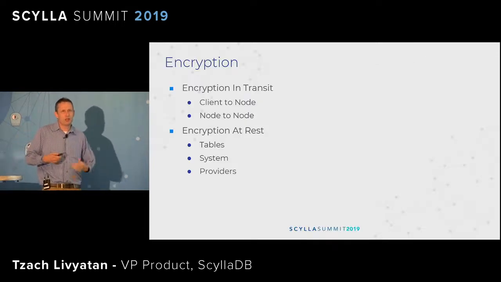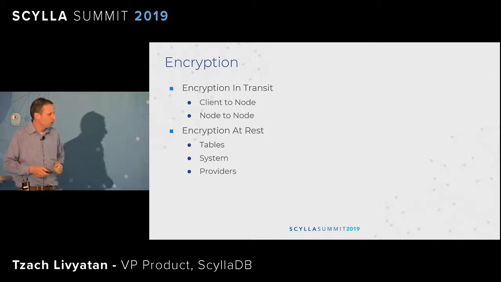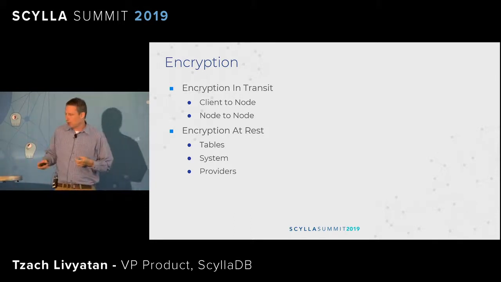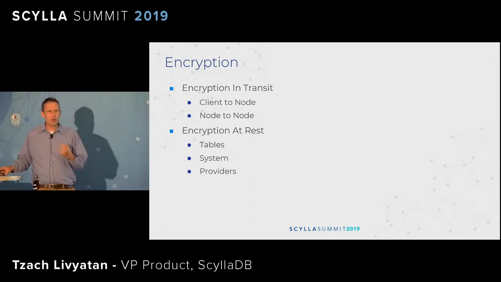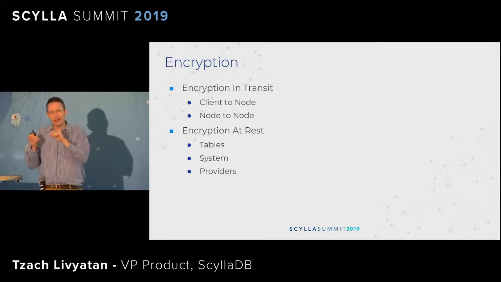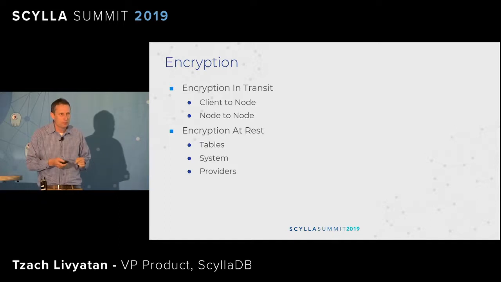So moving to the next security feature, again, disabled by default in Scylla: encryption. We have two types of encryption in Scylla. One is encryption in transit. Encryption in transit protects your data either between the client and the database or between the nodes of the database.